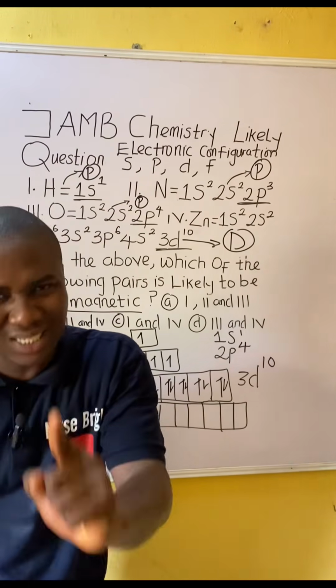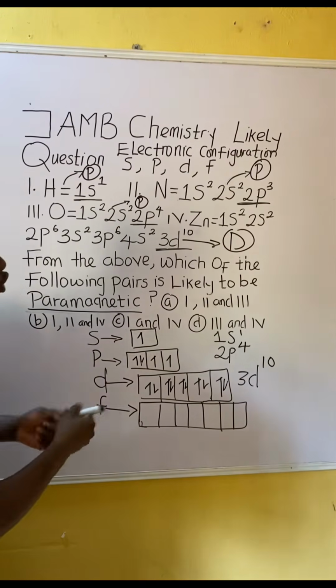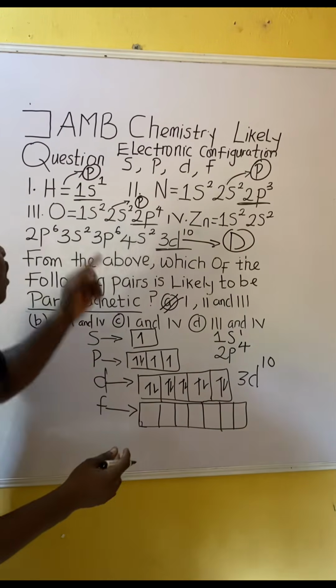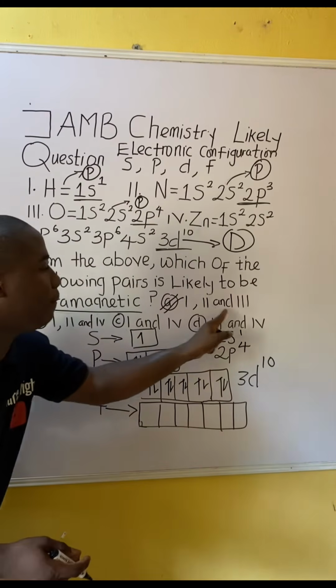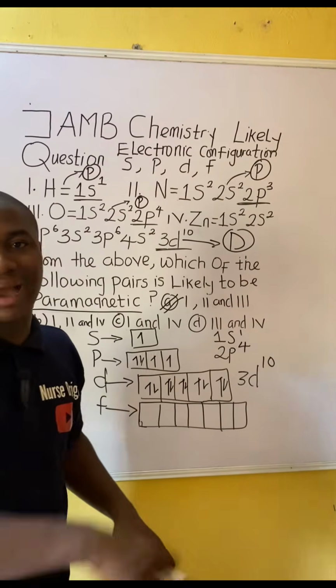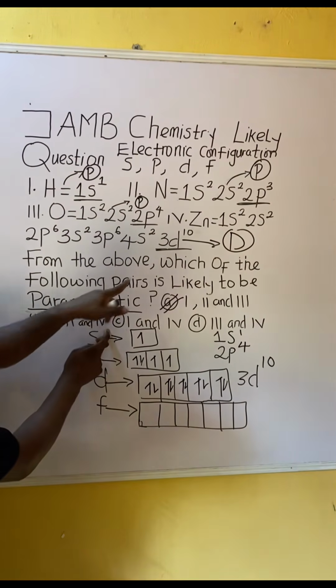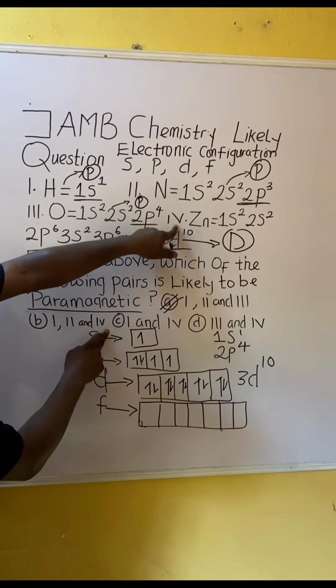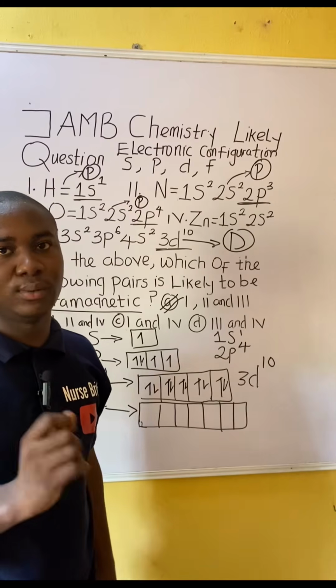Are you there? Listen carefully. Moving further, for us to choose the answer to this question, the answer becomes option A, because Roman figures 1, 2, and 3 all had unpaired electrons. Hence, they are the options that are paramagnetic. It cannot be option B, because option B is 1, 2, and 4, whereby zinc was not paramagnetic. So all this must be noted.